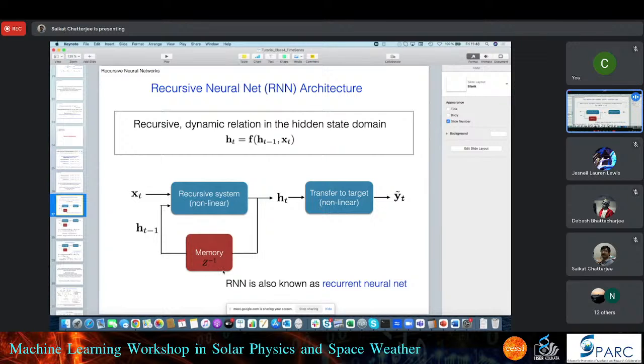Ht minus 1 is nothing but memory. In our signal processing terminology, this is nothing but z inverse, which you put in as a memory value. You get this ht minus 1, the system generates ht, and then from ht you project to the target.